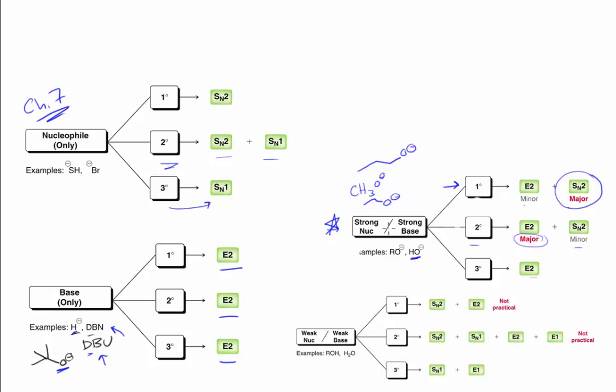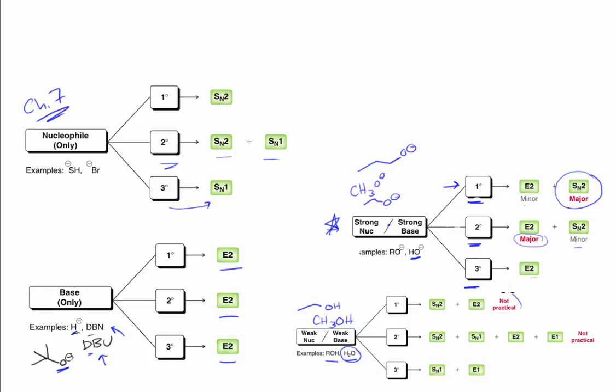So that's maybe a little more complicated, but still it's reasonably straightforward. The sterics here play the role of deciding what's going to happen. And lastly, if we have some alcohol or water, and that's really the only combination. So oftentimes here our reagents are ethanol, methanol, or water. That's a weak nucleophile, weak base.